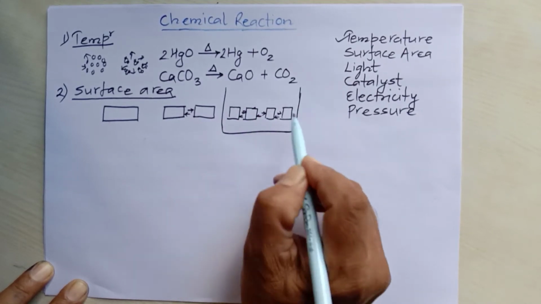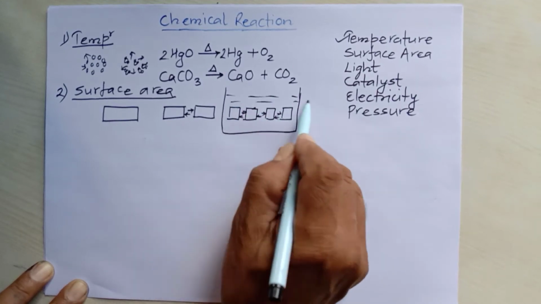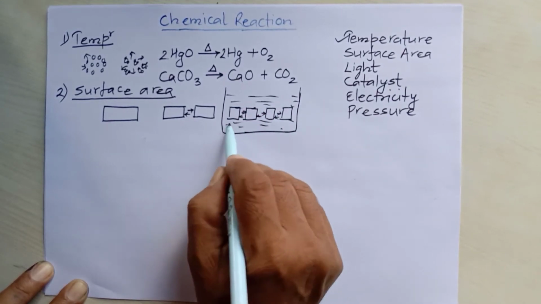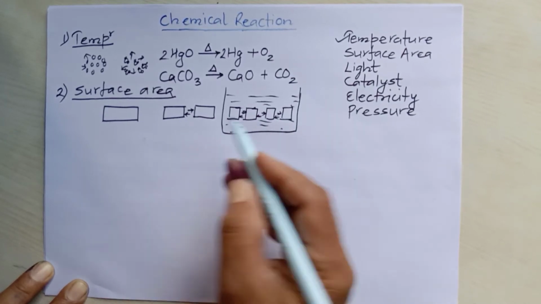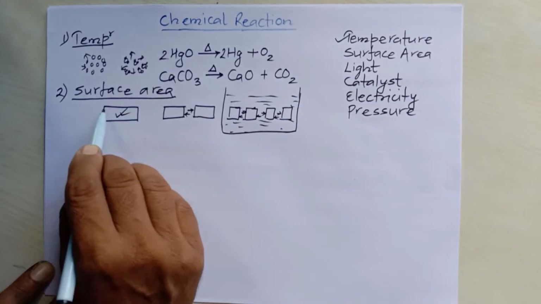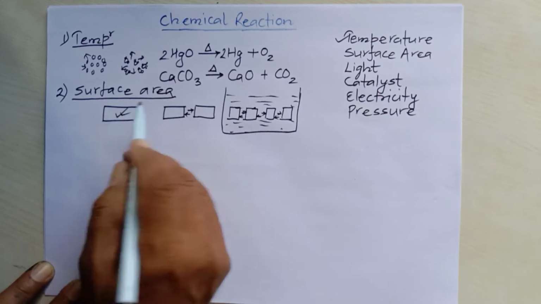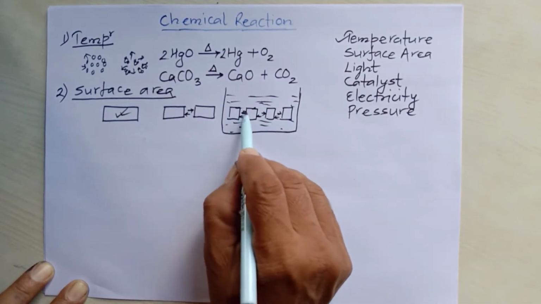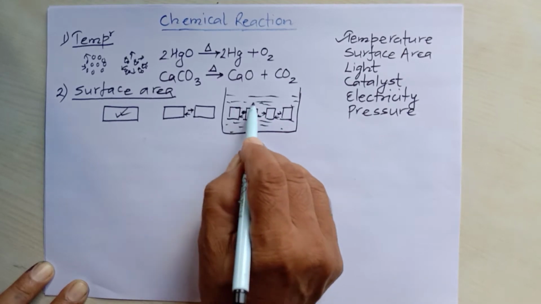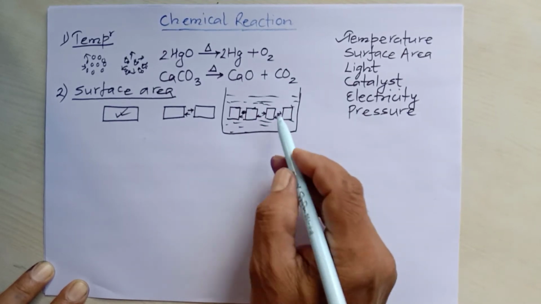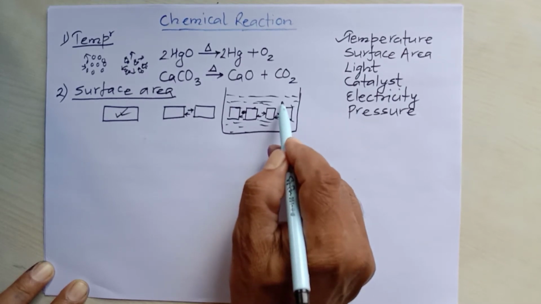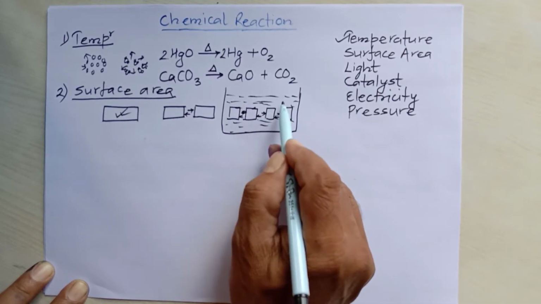Let's say this is a beaker or vessel where some liquid is taken and the liquid has to react with this solid substance. Previously, if it was like this, then fewer molecules of its surface came in contact with this liquid, but when it is broken down, then more surface area is exposed to this liquid and more molecules come in contact with it, and the reaction between this liquid and this solid becomes faster.